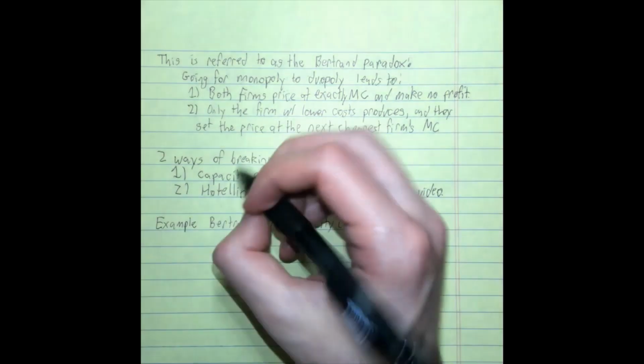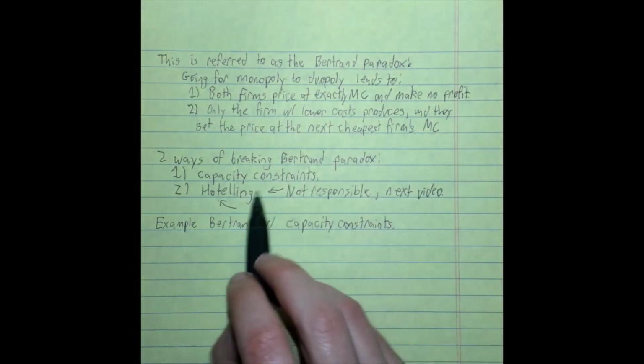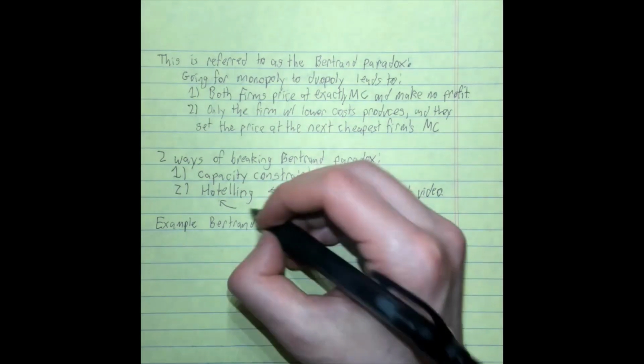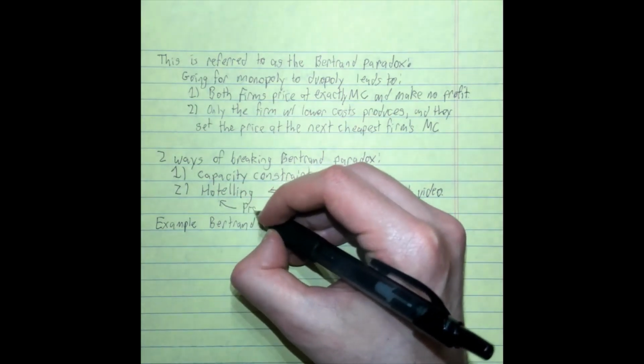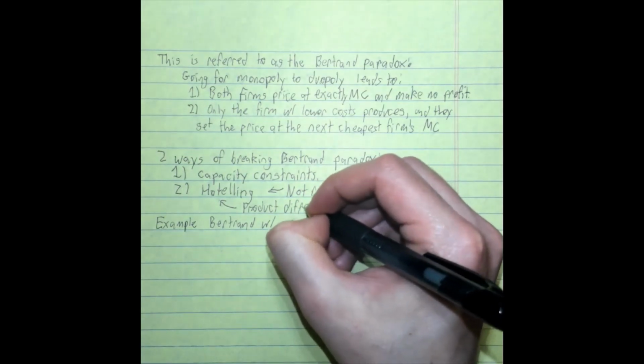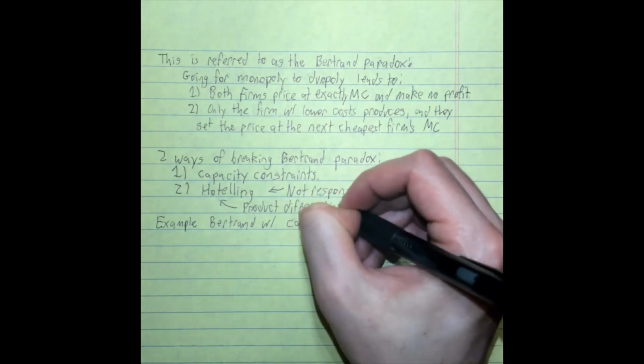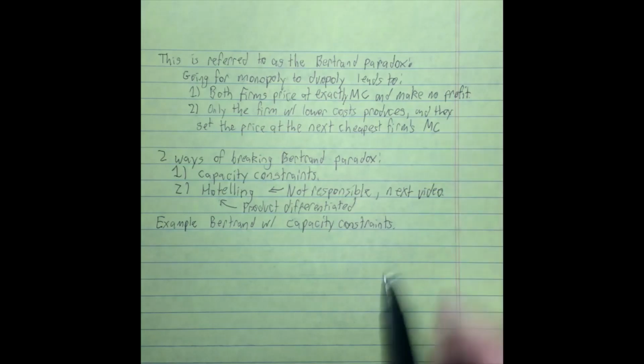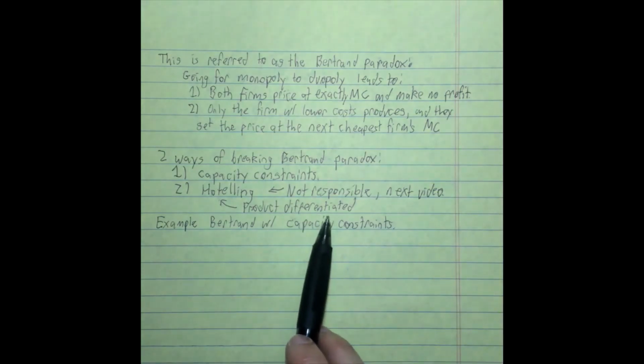And I should just say, as I'm working through this, one way to do this is you add capacity constraints, and you'll see why that fixes the Bertrand paradox. The other way is just to assume that products are differentiated. So in a world where people have taste for certain things, there's some ability to charge a markup because not all of the demand is going to leave immediately.